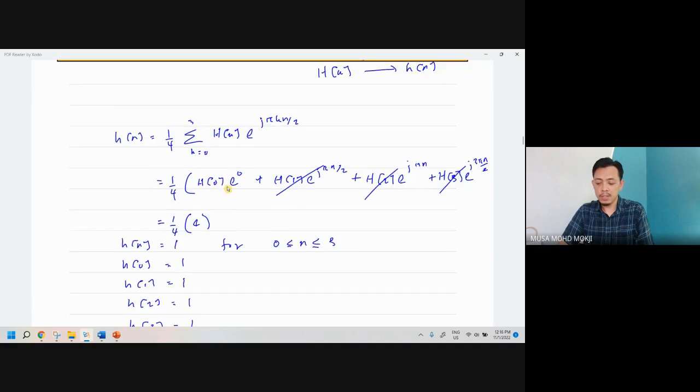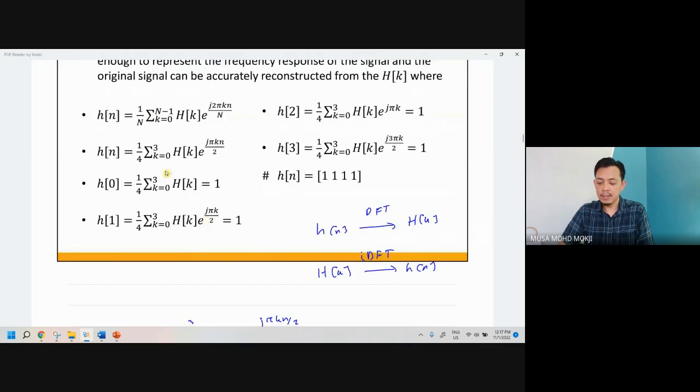Even before you plug in the n value, you already have a solution: 4 over 4, which equals 1, right? Because in this case H1 is 0, H2 is 0, H3 is also 0, so remove everything. You can also write it this way.